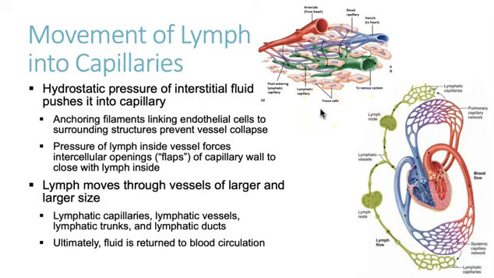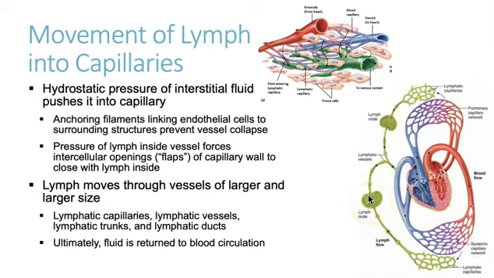So our lymph is going to move through larger and larger sized lymphatic vessels. We can see this pictured over here where the lymphatic capillary is, and it's going to move through an area that we call an afferent lymphatic vessel to make its way to the lymph node.